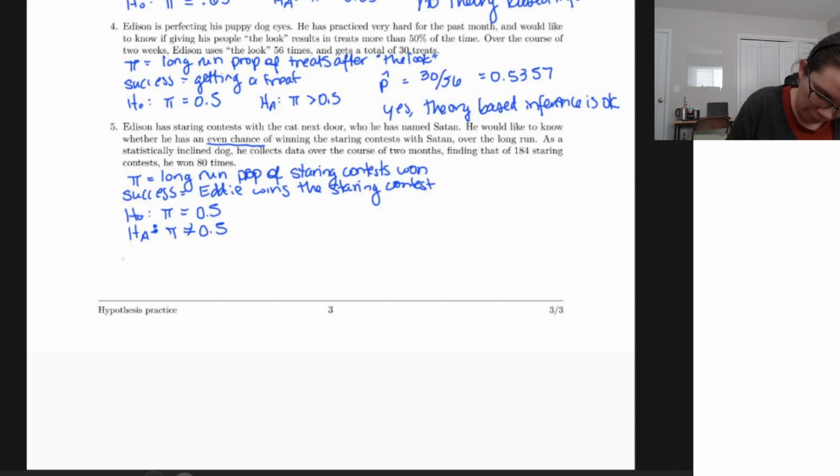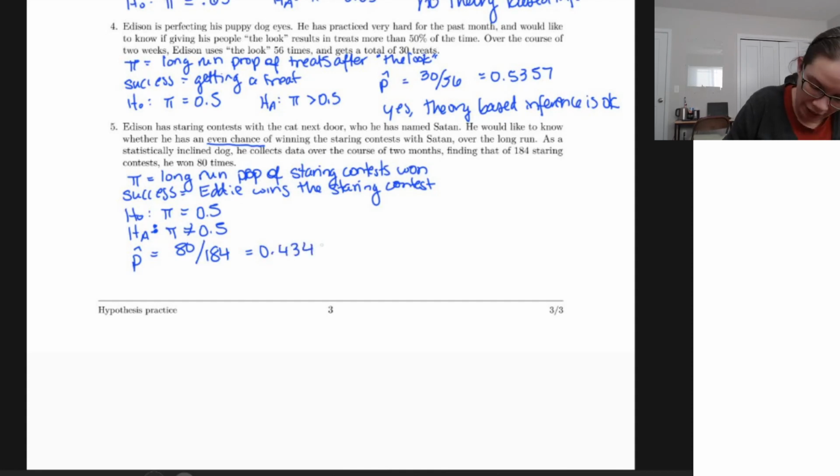All right, p hat equals 80 over 184, equals 0.4348.